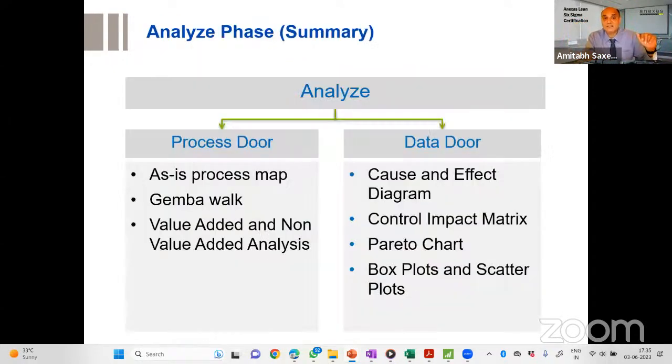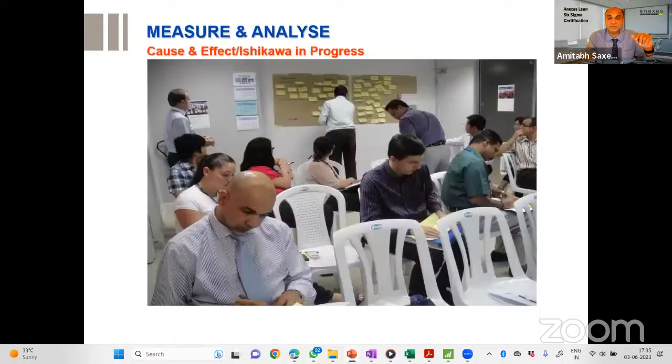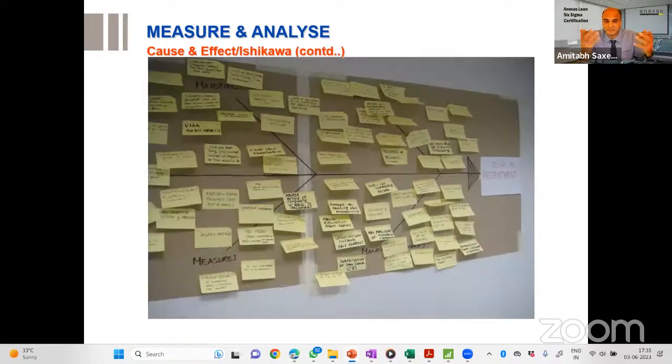And the other one is the data door. In the data door, you actually do the cause and effect diagram. You get hold of the people and try to brainstorm on all the possible causes. And once you brainstorm, then we can classify them into man, machine, material, method.